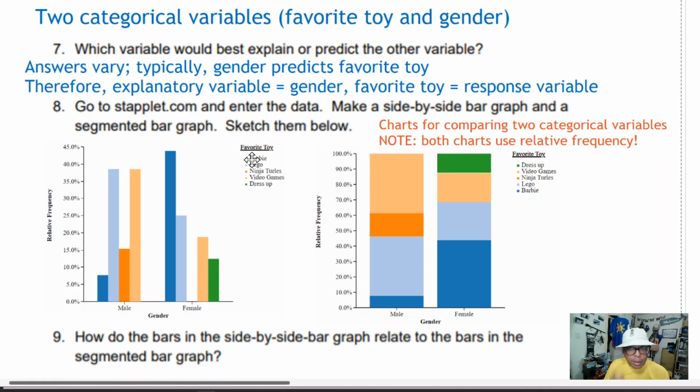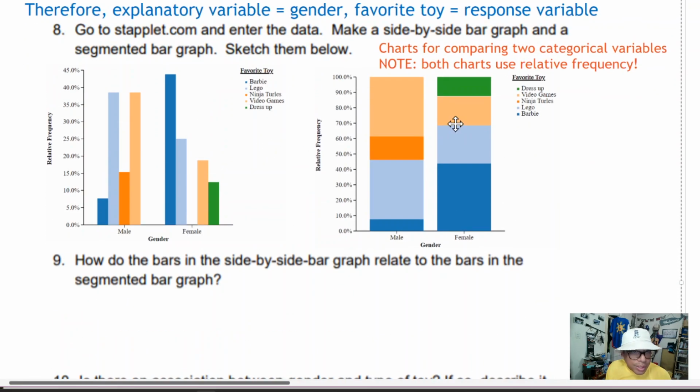Back at our StatsMedic, we've got our two charts here. Notice that these are the only two charts that we're going to be using for comparing categorical variables. And note that both charts are going to use relative frequency. Now, which of these two charts is better? Well, that depends on what you're doing with it. If you just want to make a really quick and easy chart, I think the side-by-side bar graph over here on the left is definitely going to be easier to create.